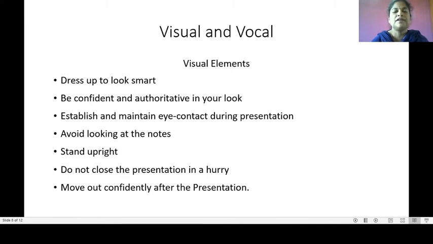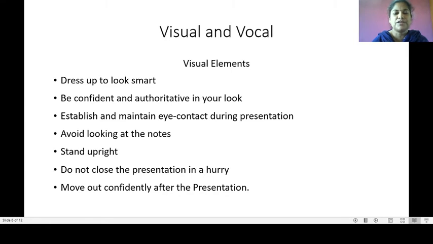Before even a teacher talks in the class, we judge the teacher by the way the person has dressed, or the way he has entered the room, the way he stands. Looking at all these things, we make a judgment in our mind, right? So these are called visual elements.